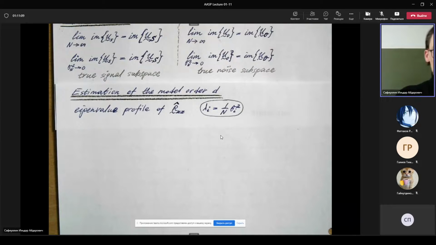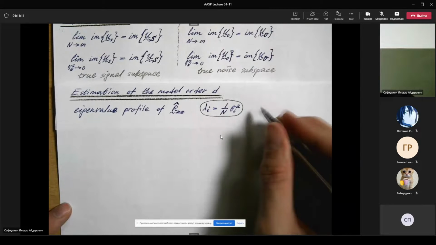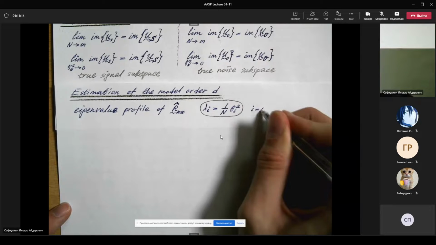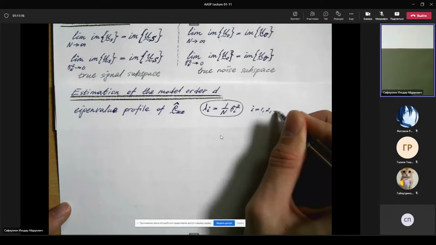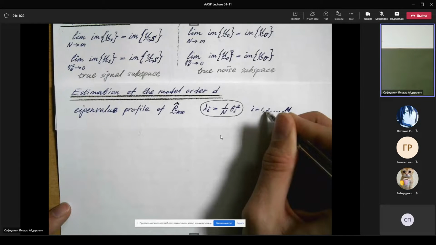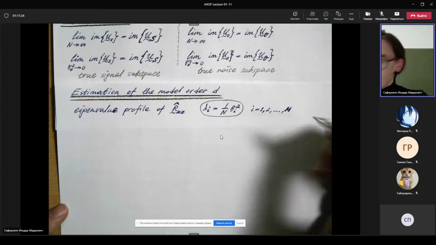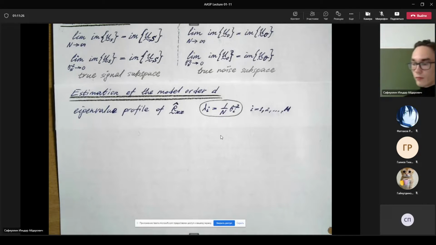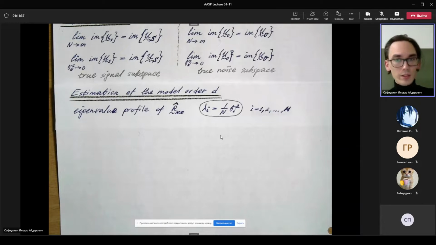And of course, i goes from 1, 2 up to capital M, because we do not have any information about the number of sources, and we need to estimate this number of sources.